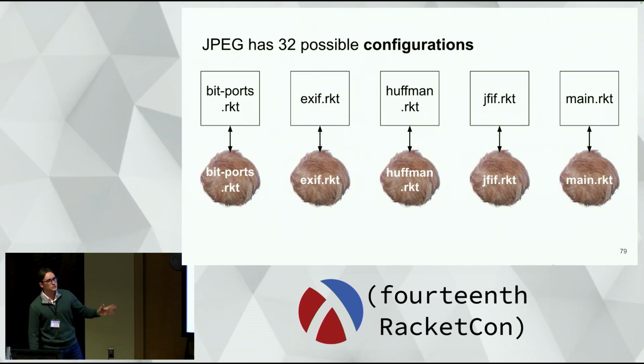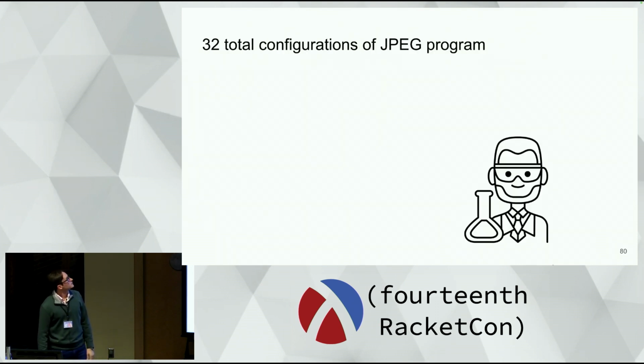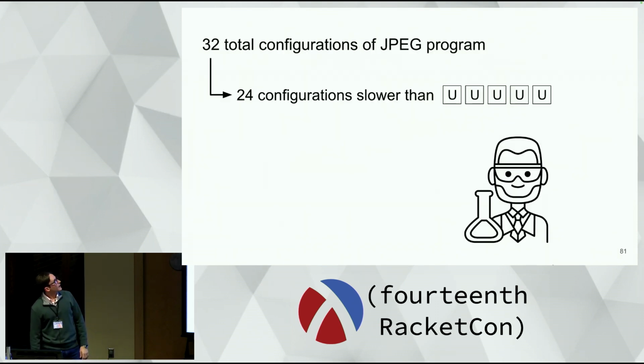JPEG has 5 modules. Each one can be in a typed state or an untyped state, so that's 2 to the 5th, 32 configurations. And if we look at those configurations, we see that 24 of them are slower than untyped. So there are a lot of different bad places we could have started out at.